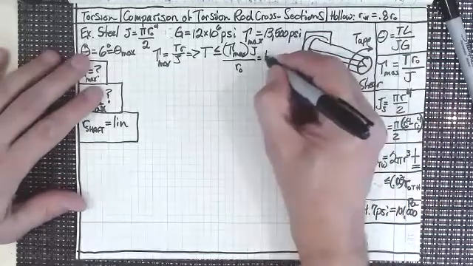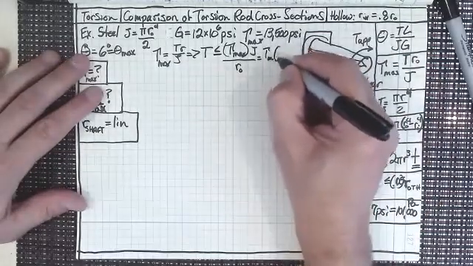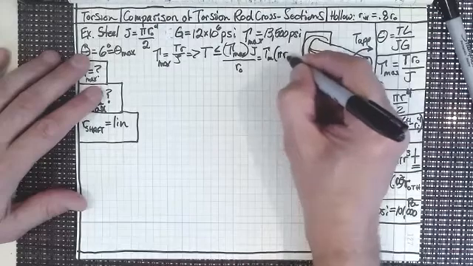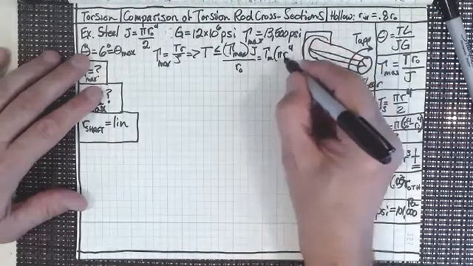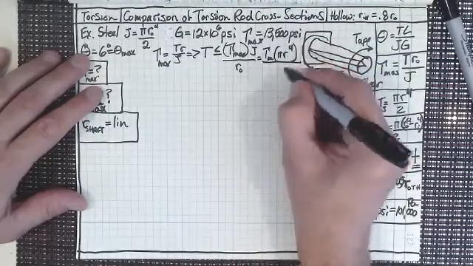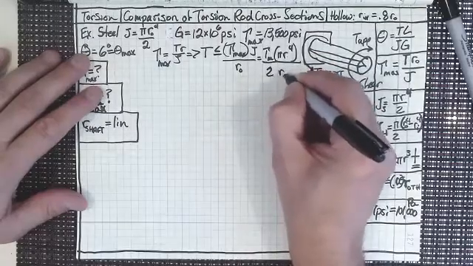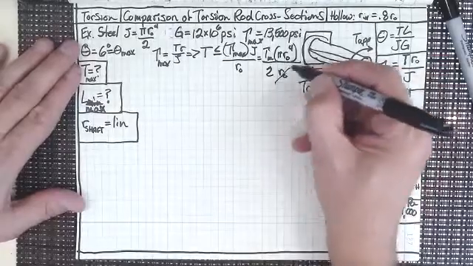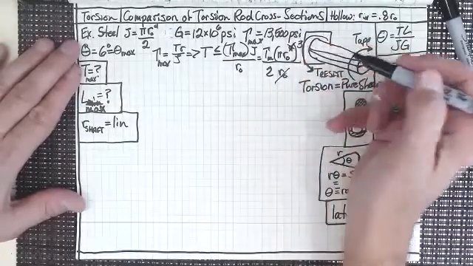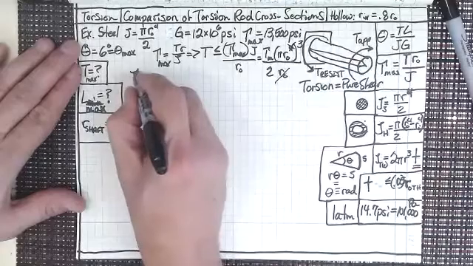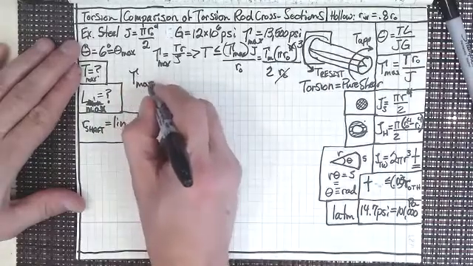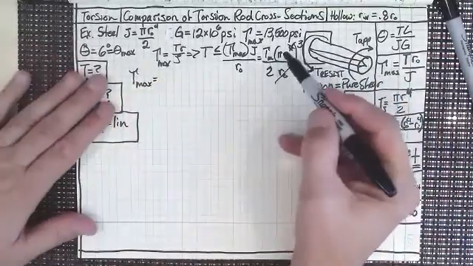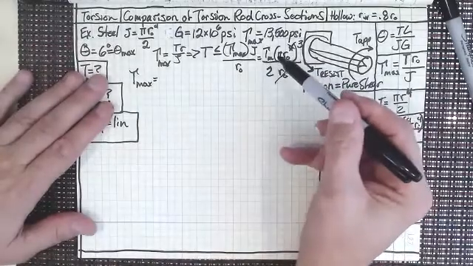So let's just write that out. Tau max times pi r to the fourth, all over 2 times r outer. We've got r outer, so we can cross that out, and we can cross out one of those. And so we see tau max is equal to, wait, what have I got here?